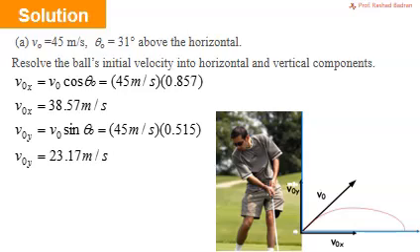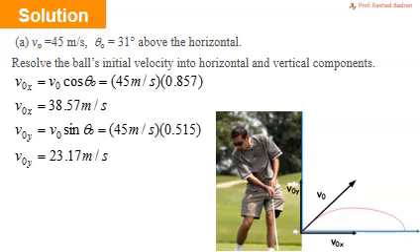I'm going to get for the x component 38.57 meters per second, and for the y component, which is equal to v naught sine theta naught, we're going to get 23.17. These are the information we have in the problem.